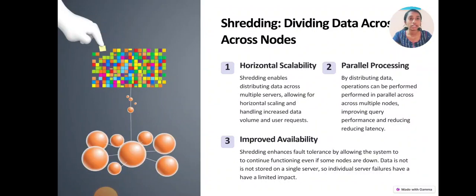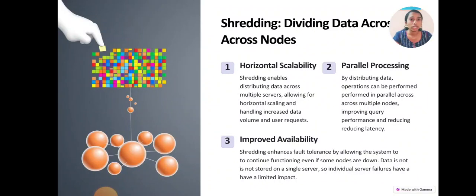Horizontal scalability. Sharding enables distributing data across multiple servers, allowing for horizontal scaling and handling increased data volume and user requests. Parallel processing. By distributing data, operations can be performed in parallel across multiple nodes, improving query performance and reducing latency.